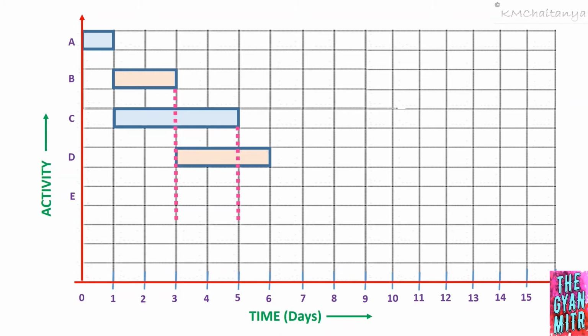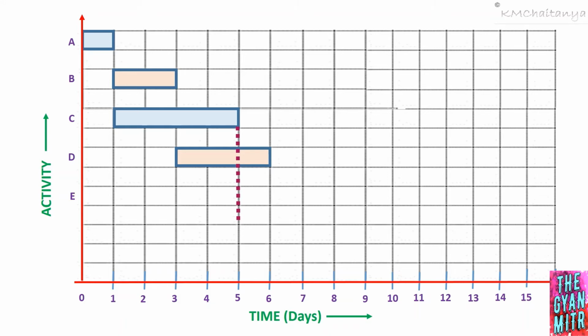Now as they are given in the relation, activity E can start only after both activities B and C are completed. Therefore, we can see from the Gantt chart that both activities B and C will be completed at time t equal to 5. Whereas at time t equal to 3, only activity B is completed, but C is still not completed.